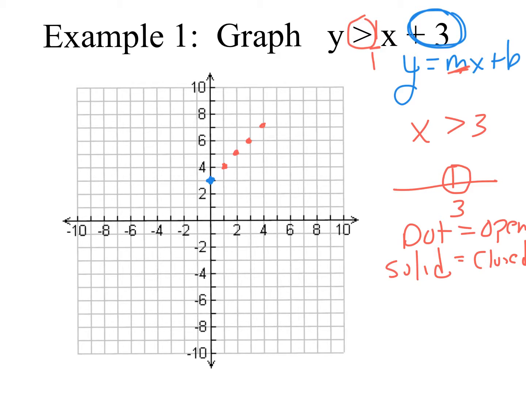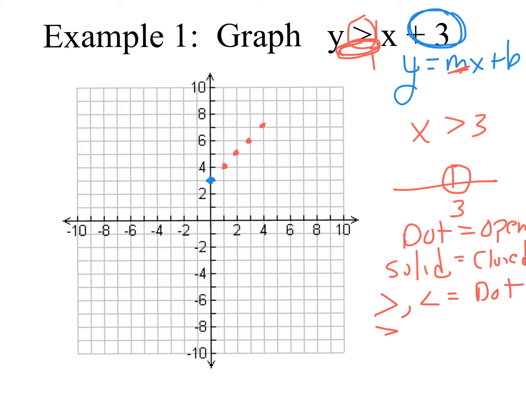So we're going to look at the inequality to determine what to do here. Our inequality is greater than. Again, there's no solid line underneath the inequality. Remember, if it's greater than or less than, it would have been an open dot on a regular graph, which means it's a dotted line on our new graph.